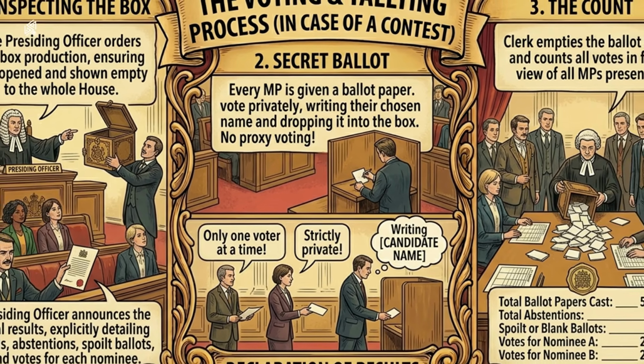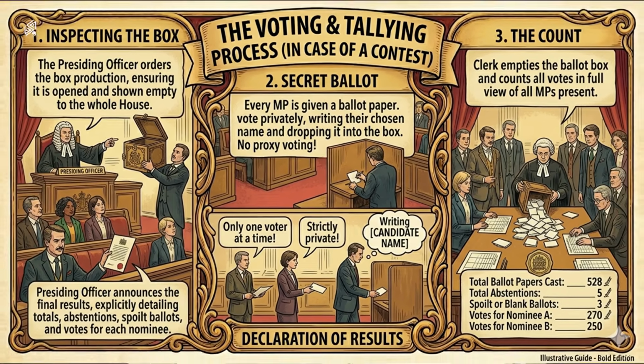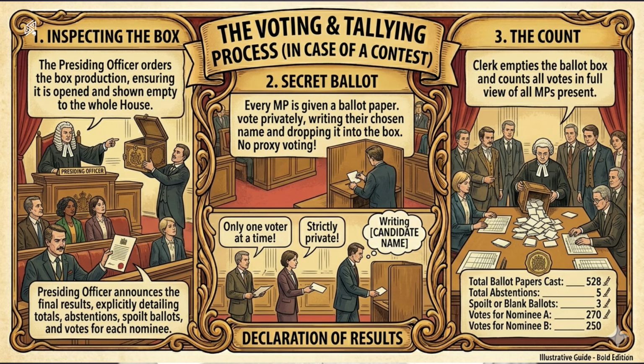No voting or abstention by proxy is allowed. The count: once everyone has voted, the clerk empties the ballot box and counts the votes in full view of all MPs present. Declaration of results: the presiding officer announces the final result, explicitly detailing A, total ballot papers cast; B, total absenteeism; C, spoiled or blank ballots; D, number of votes garnered by each nominee.